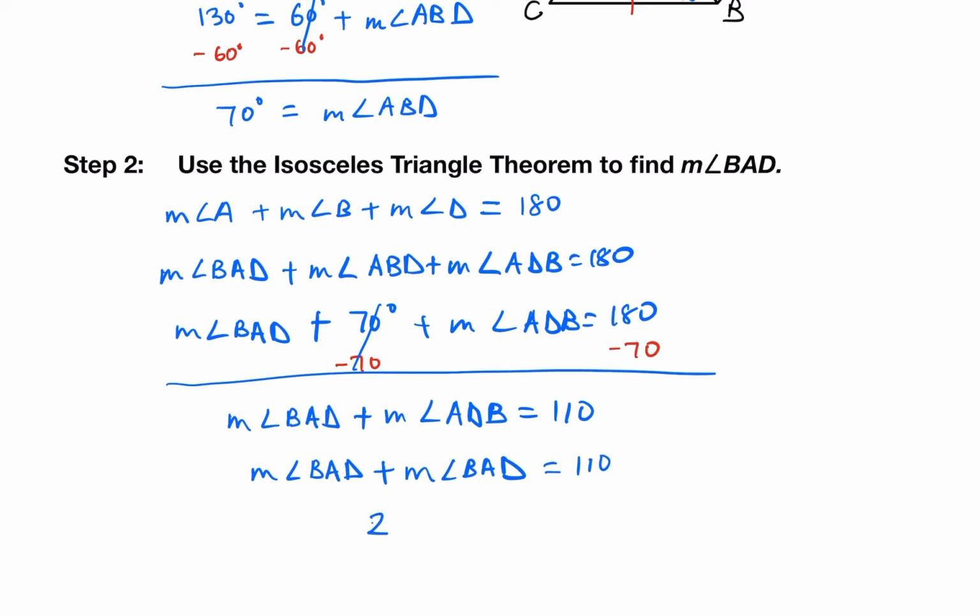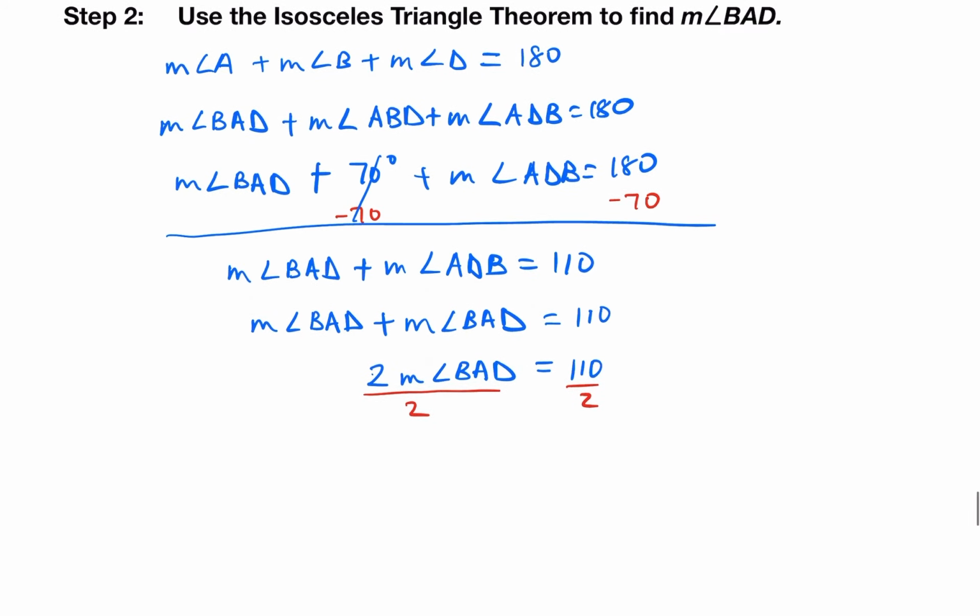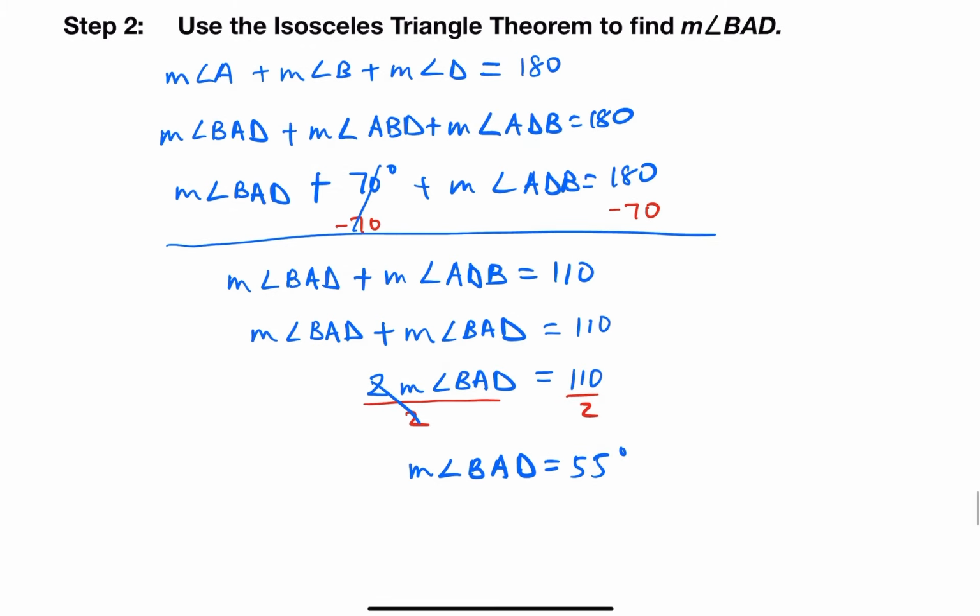So we have two of measure of angle BAD equal to 110. We can divide both sides by 2, this cancels out, and now we know that the measure of angle BAD is equal to 55 degrees. That is the answer to this problem.